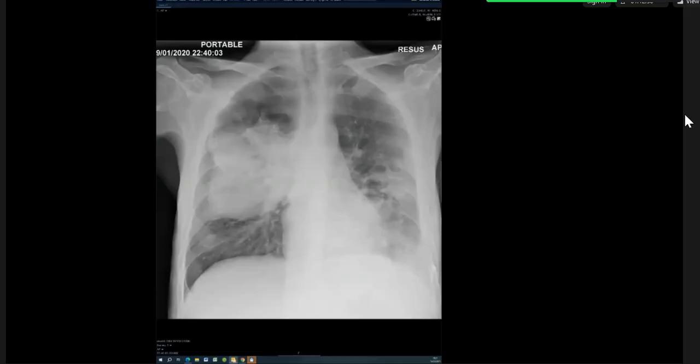The differential diagnosis of such distribution and appearance can include airspace disease. One possibility may be pulmonary edema. However, the typical pattern appearance isn't present here. This can be multifocal pneumonic changes.